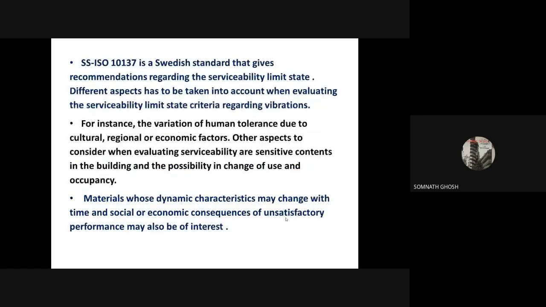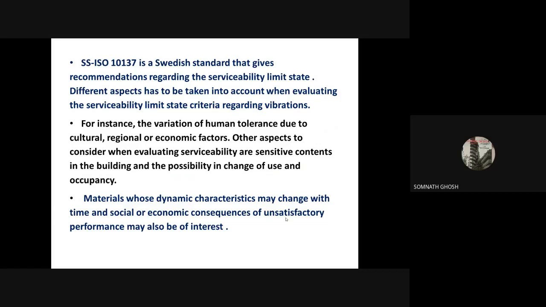Now, this is a particular code. It's a Swedish standard. It gives you recommendations regarding serviceability, which I was talking to you about. Maximum displacement, that may be lateral or rotational, and there are criteria.